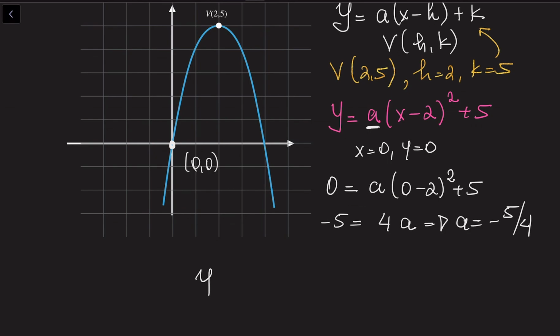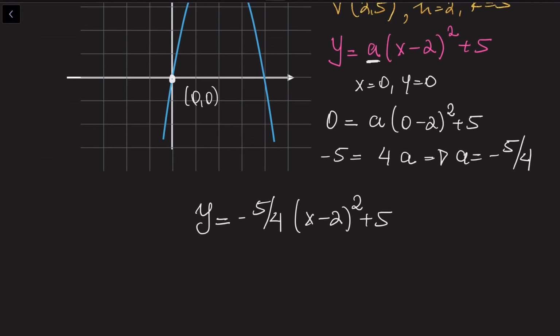So the equation of the parabola is going to be -5/4 (x - 2)^2 + 5. And again, this is the equation of the parabola in the complete square form.